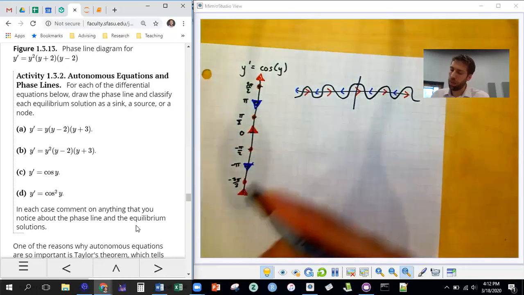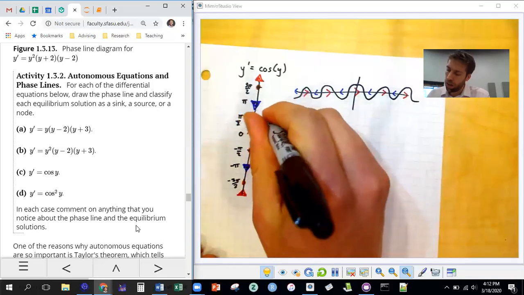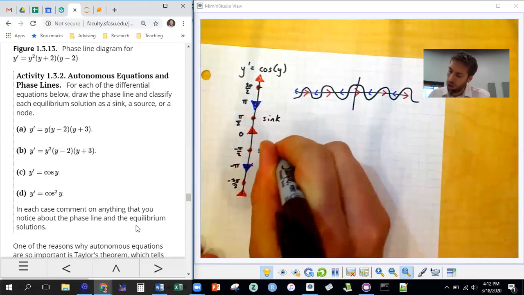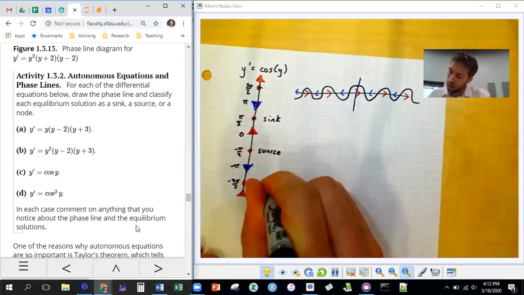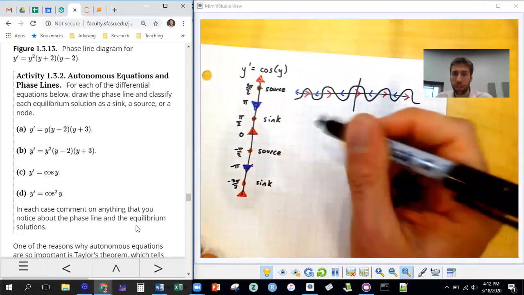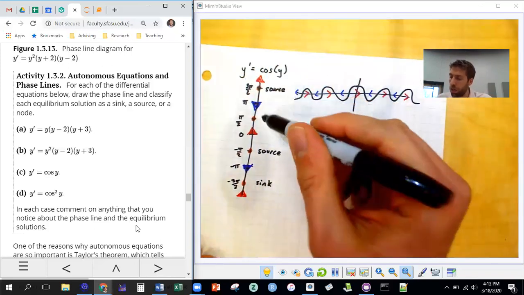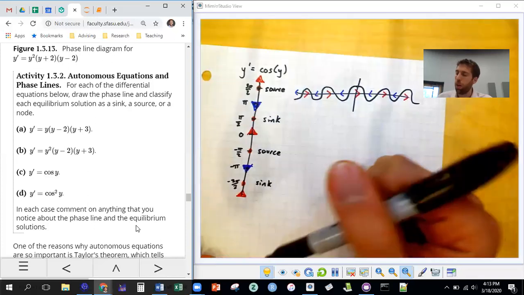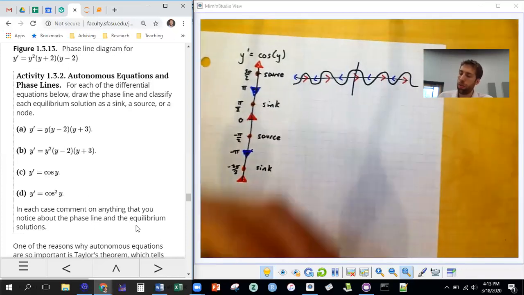So that makes this a sink, and a source, and a sink. Here's a source, and it just goes on forever. Source, sink, source, sink, forever and ever. All right, now that's part C.